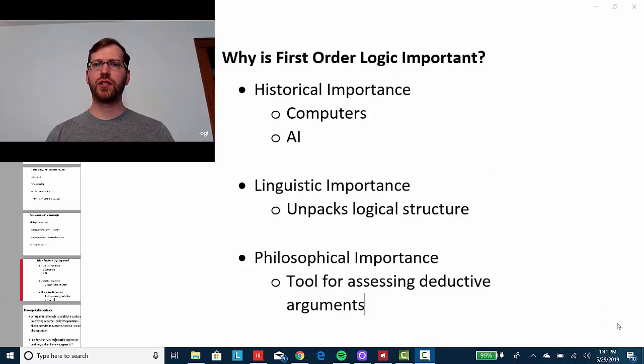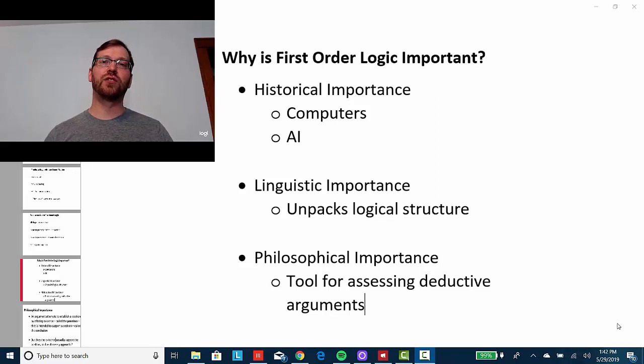First order logic is important to philosophy because philosophy employs logical argumentation in trying to establish particular positions or theories, whether that's an ethical theory, metaphysics, epistemology, and so on. But we don't just get to do good philosophy.